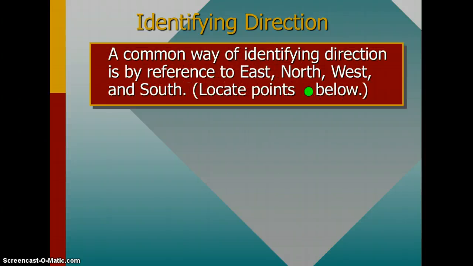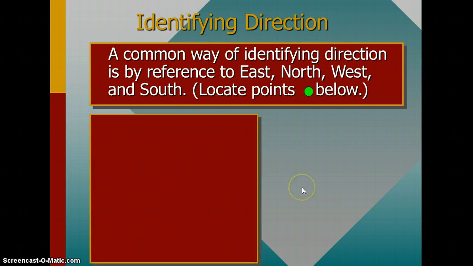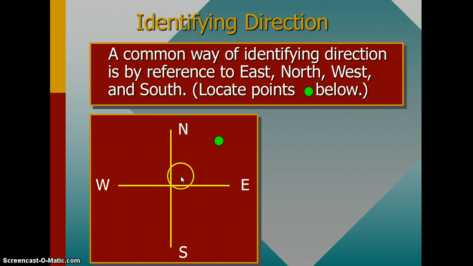Identifying direction. A common way of identifying direction is by the reference to east, north, west, and south. So we're going to locate the points below. Where this point right here is going northeast. All right, northeast. Remember that we always mentioned before the y coordinate and then the x coordinate.